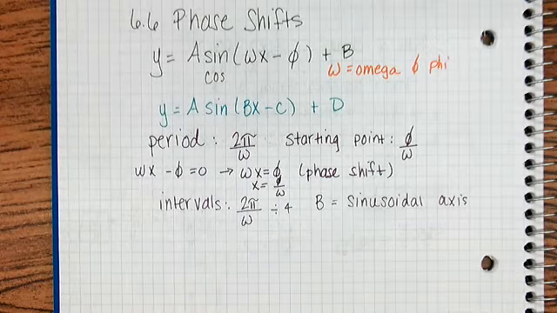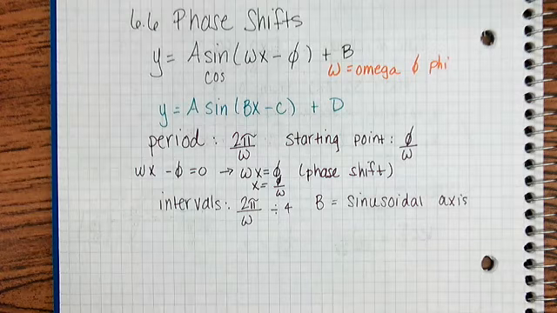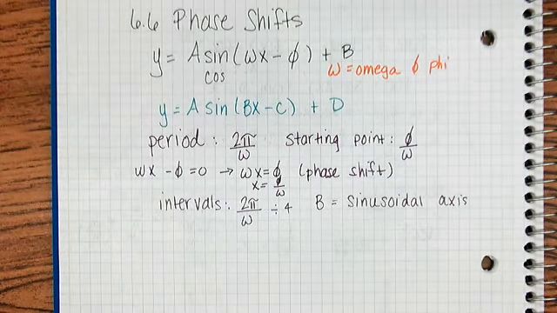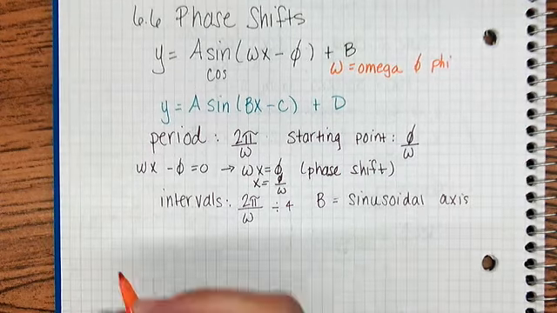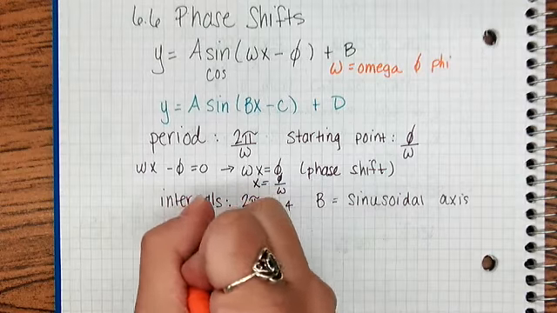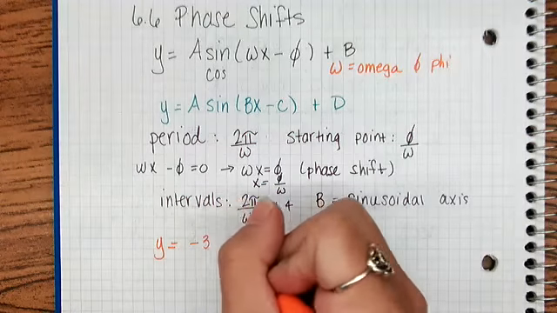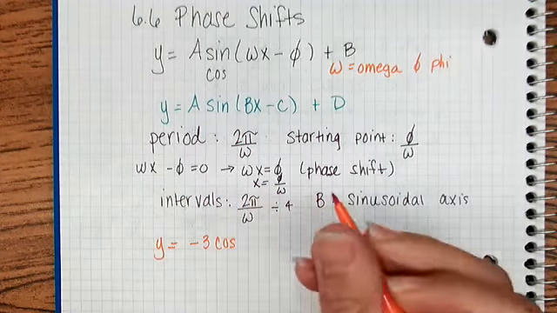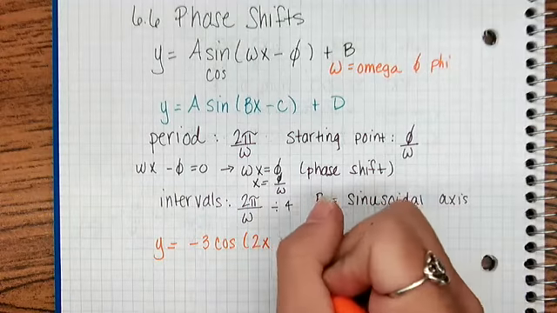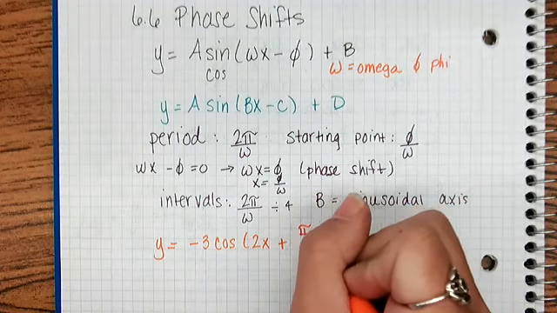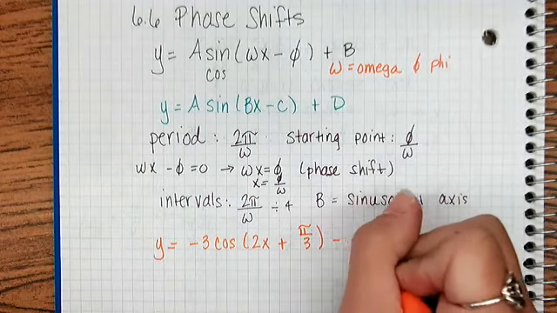Okay, so we are going to do a funky graph that includes all of the phase shifts and intervals, starting points, endpoints, etc. So let's graph y equals -3 times the cosine of 2x plus pi over 3 minus 4.